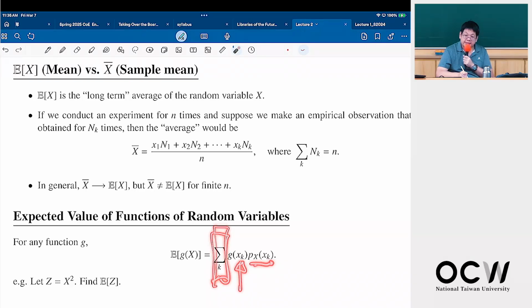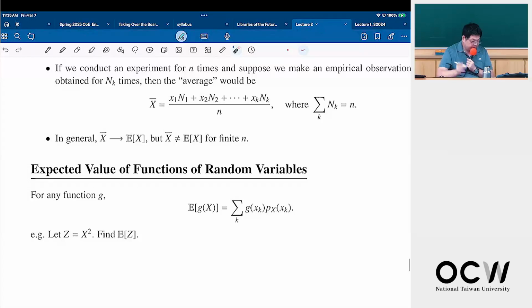We always need to consider all possible function of outcomes and then times their corresponding weightings. Why do we need to use this? Because it really depends on your function. Sometimes it is hard to find the PMF of your function.